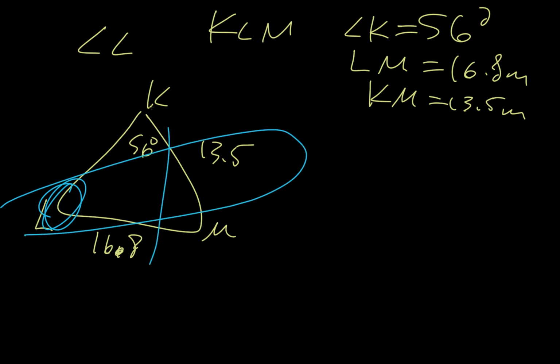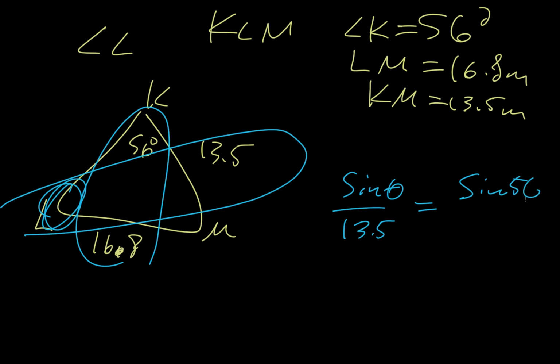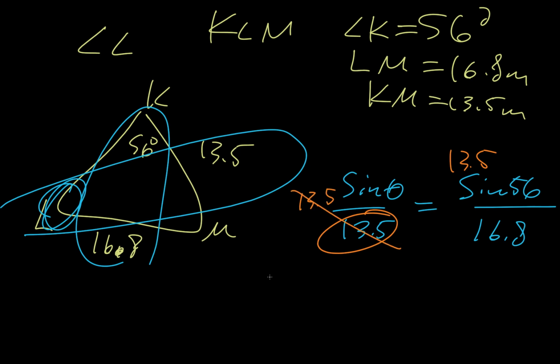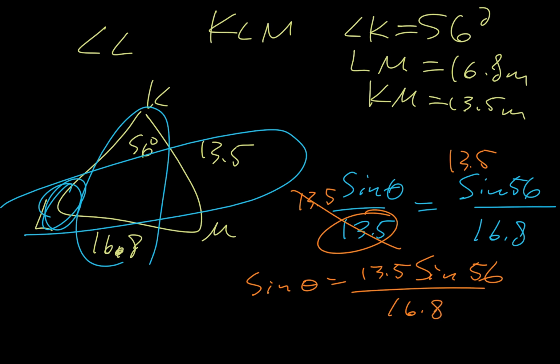It's going to be pretty much the same algebra we did last time. So it's sine theta over 13.5 equals sine 56 over 16.8. We multiply both sides by this. Let's cancel. Sine theta equals 13.5 sine 56 over 16.8. We do an inverse sine on both sides.